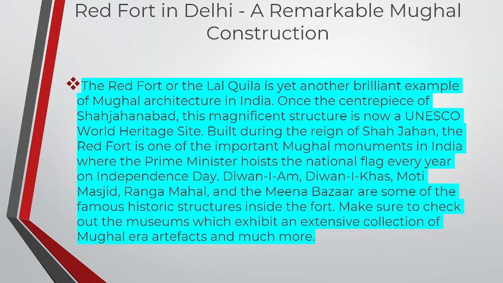Once the centerpiece of Shahjahanabad, this magnificent structure is now a UNESCO World Heritage Site. Built during the reign of Shah Jahan, the Red Fort is one of the important Mughal monuments in India, where the Prime Minister hoists the national flag every year on Independence Day.